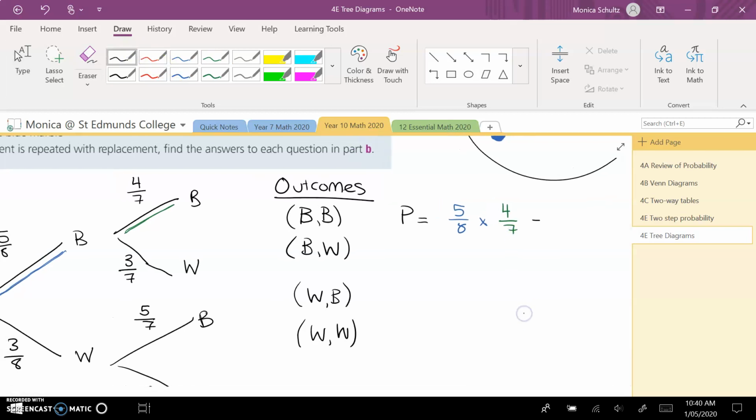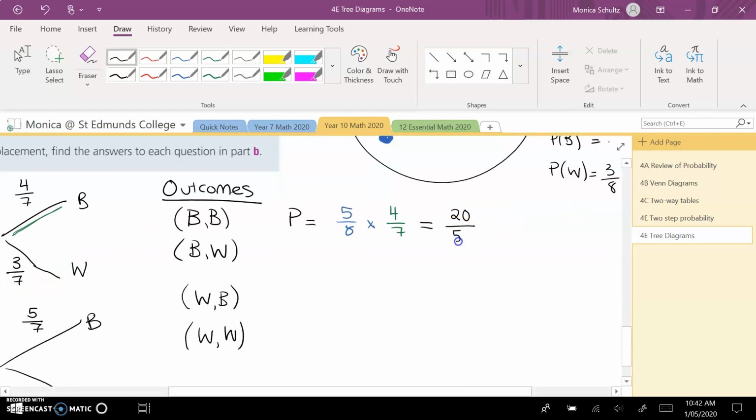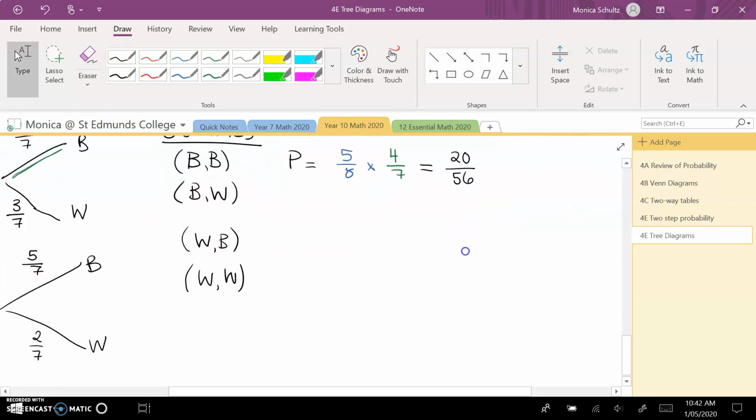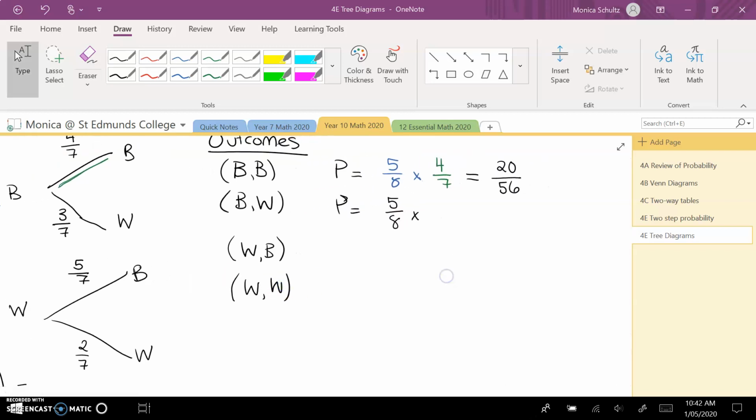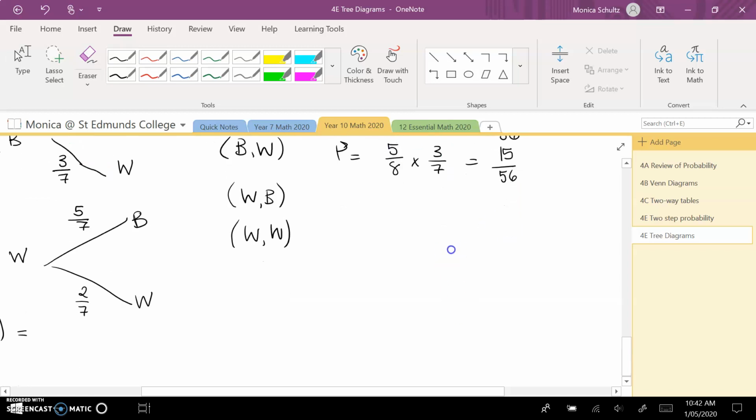So 5 times 4 is 20, and 8 times 7 is 56. So my next probability is going to be, I've got my 5 over 8 still, and then for white I had 3 on 7. Okay, so 5 times 3, 15, 8 times 7, another 56.